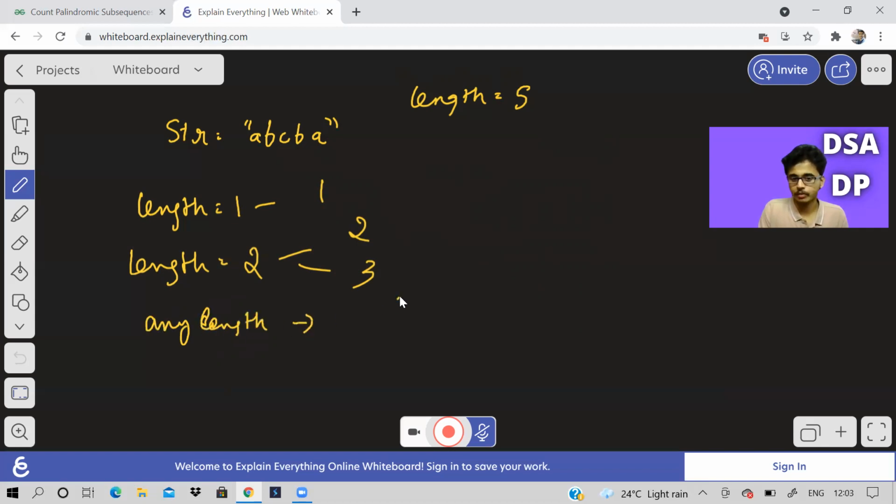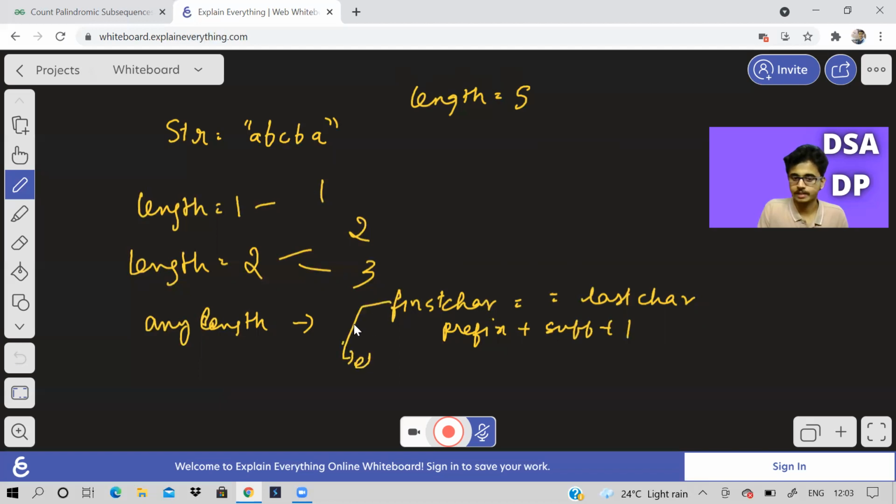We should check if first character is equal to last character. Then this is one case. Then what will be the count? Count will be how many ever are there in prefix plus suffix plus 1. Else, that means first and last characters are not equal, it will be prefix plus suffix minus the middle part.